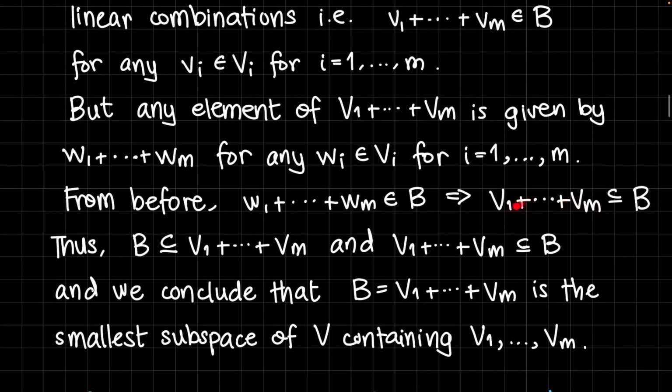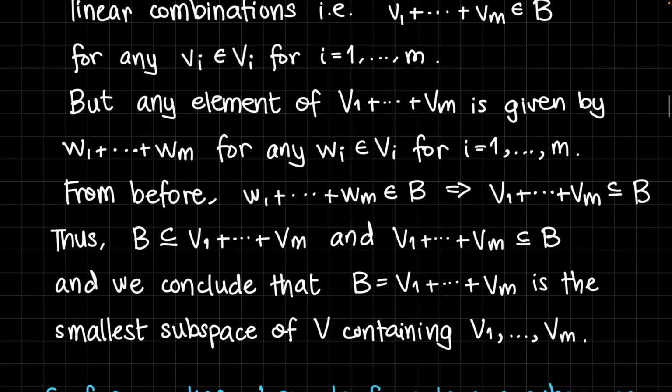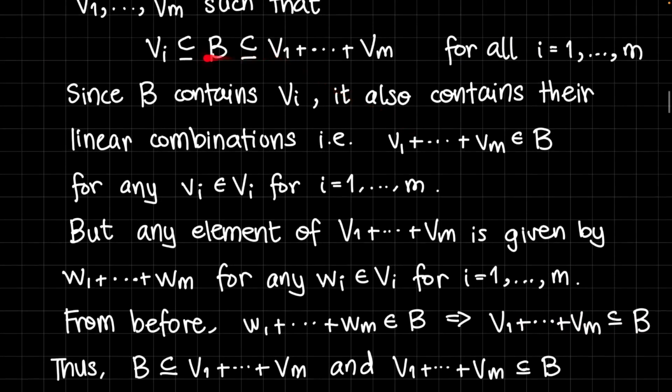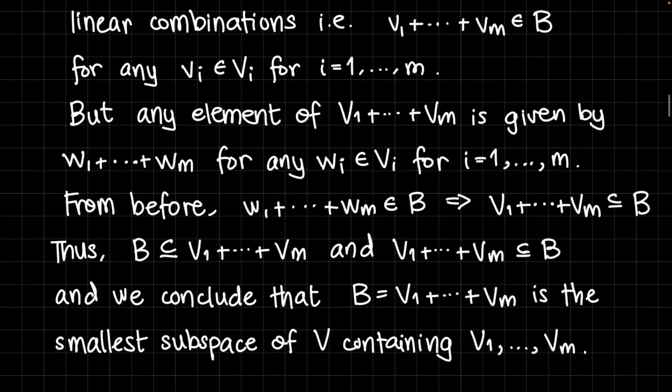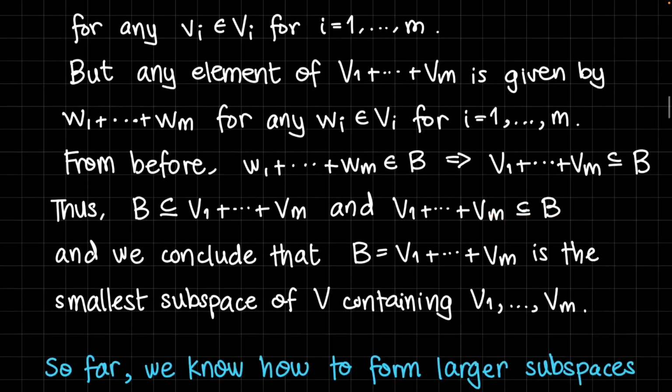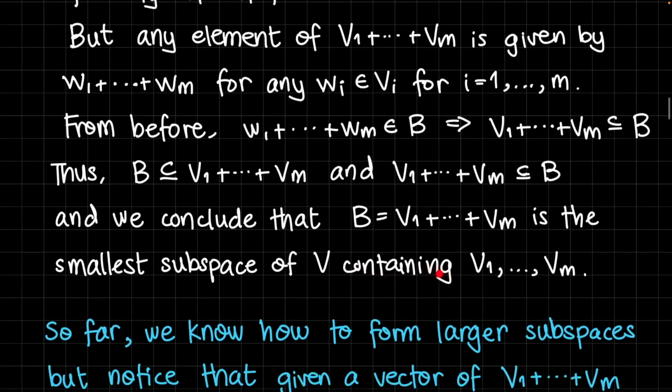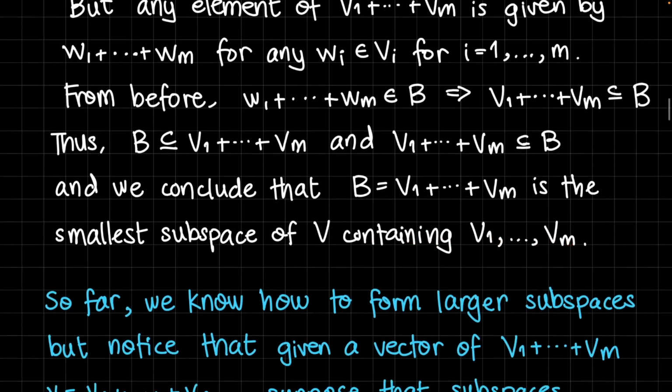So the subspace sum is a subset of B, but we also had from our assumption that B was a subset of the subspace sum. For both of these conditions to be true without a contradiction, B had to be equal to the subspace sum, which means that the subspace sum is indeed the smallest subspace of V that contains each of those subspaces.